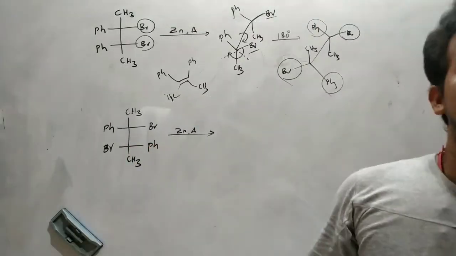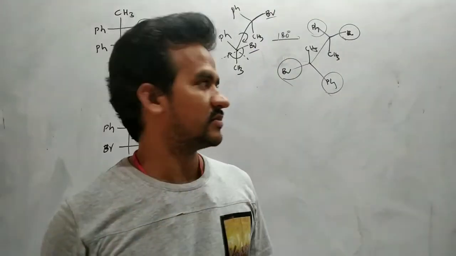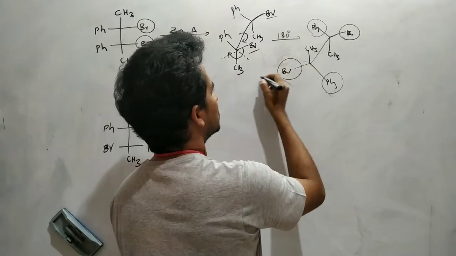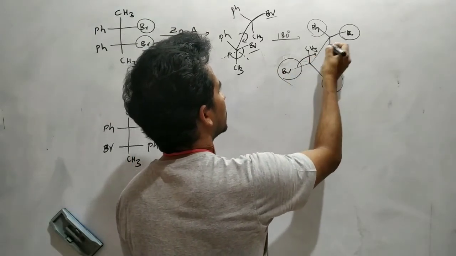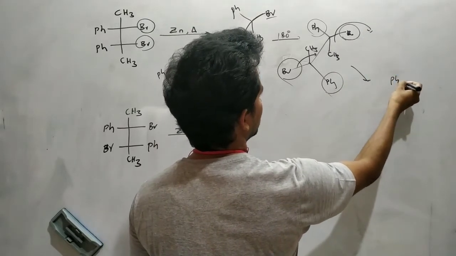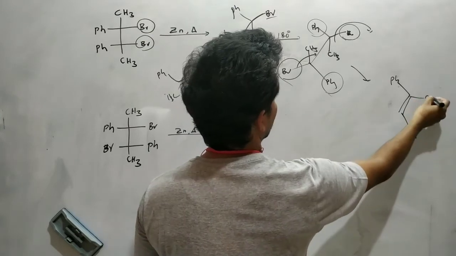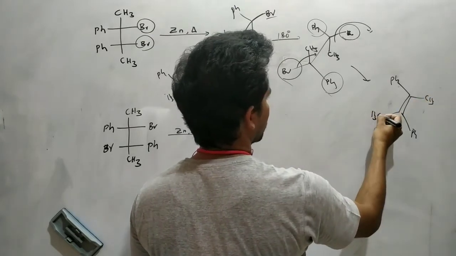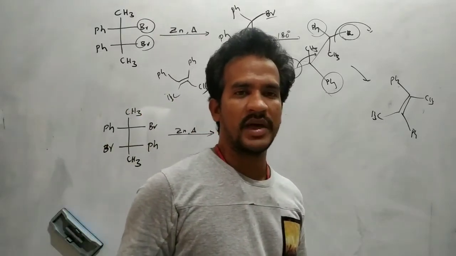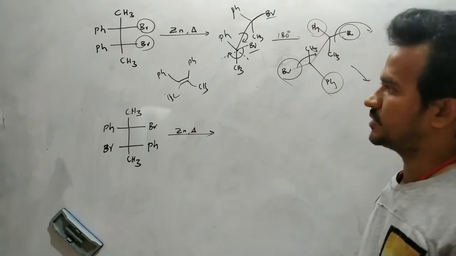This transition state is more stable. So the bromine is removed from here and from here. As a result, we get the double bond with this phenyl, this CH3 and this CH. So in this case, the trans isomer is formed as the major product.